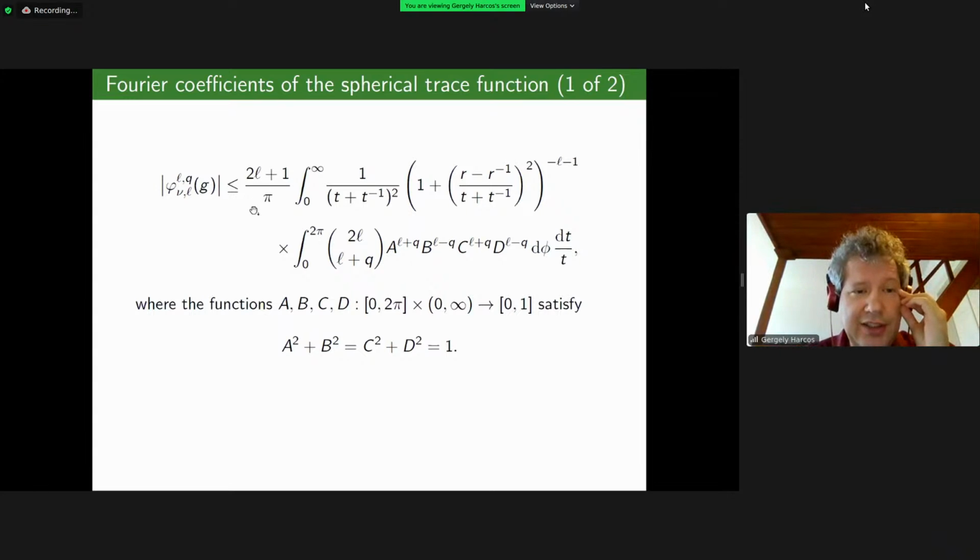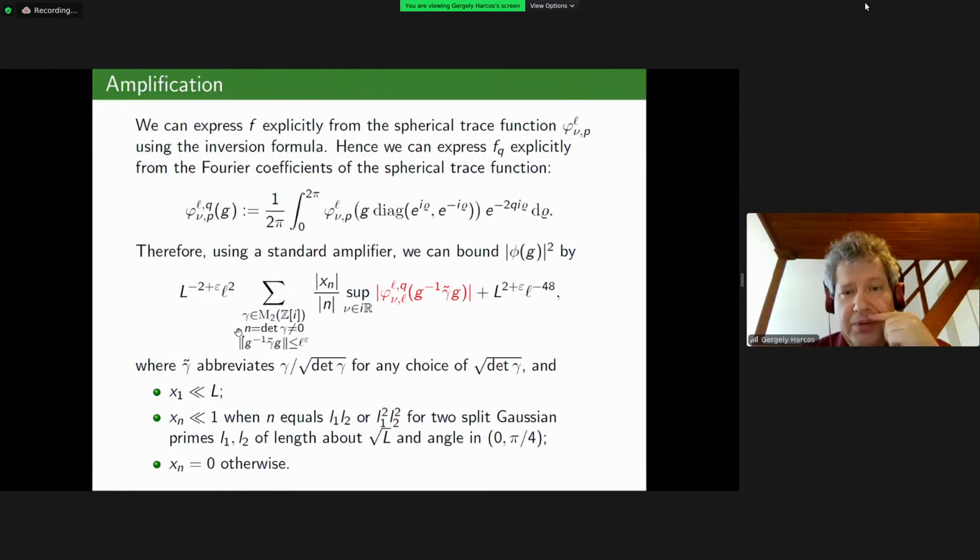So we found that the best way to analyze it is to put G into Cartan form. So we represent G as K1 from the maximal compact, times the diagonal matrix of R and 1 over R, and then a K2 from the maximal compact. So that already introduces 7 variables, because the maximal compact we parameterize by 3 Euler angles.